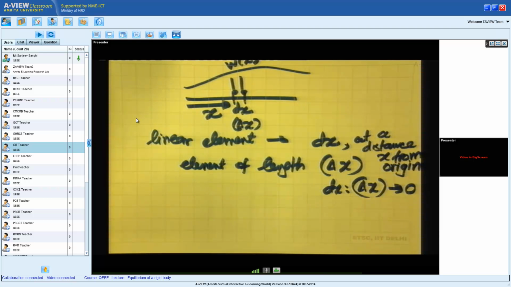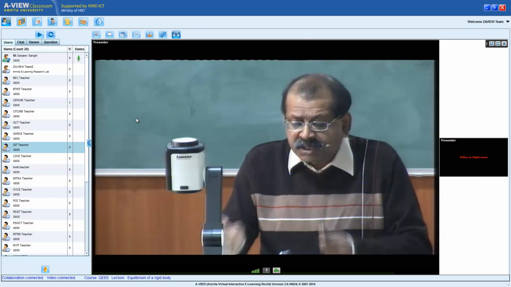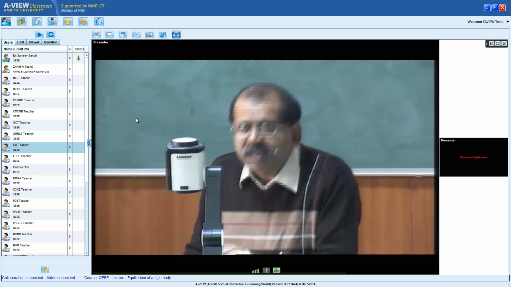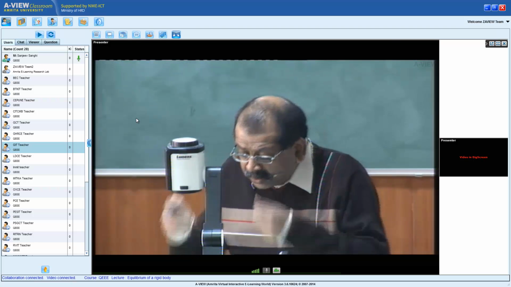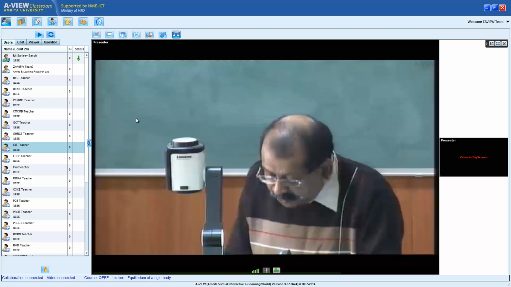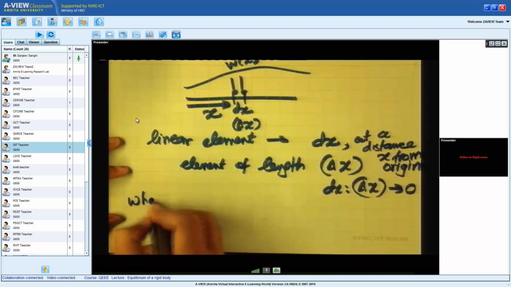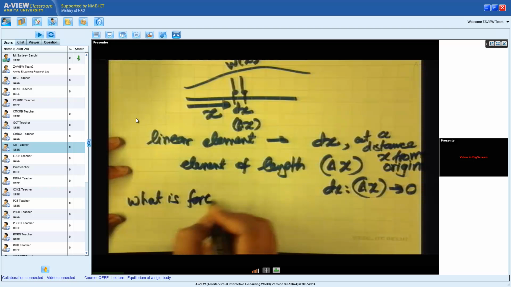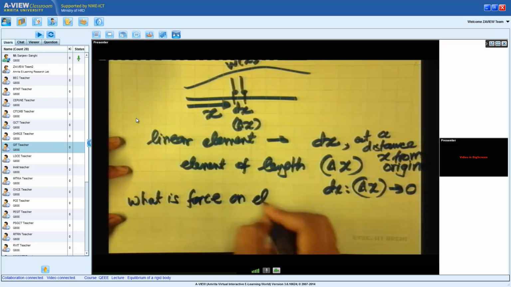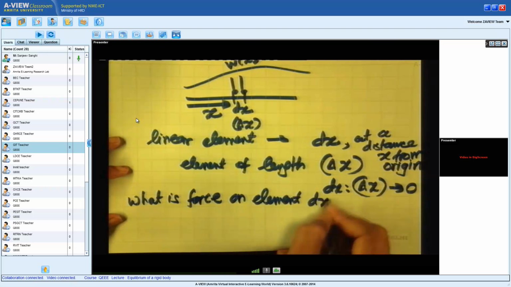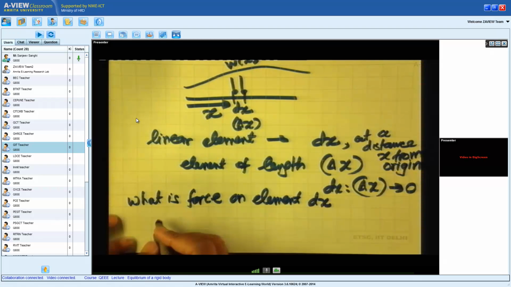We choose a differential element dx which is at a distance x from the origin, and once we choose that, we find the force on this element dx, and let me write this as dF. Let us first work it as a scalar. These are all parallel, so we can make it a vector later.